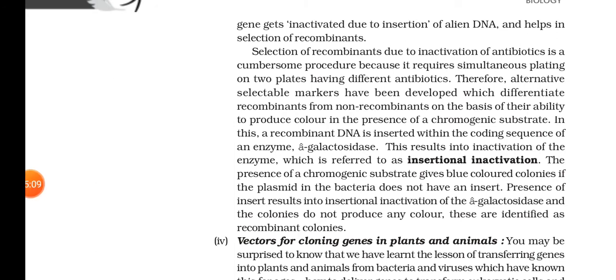So if the plasmid in the bacteria does not have a foreign gene or an insert, it gives blue colored colonies in the presence of a chromogenic substrate. Understood?